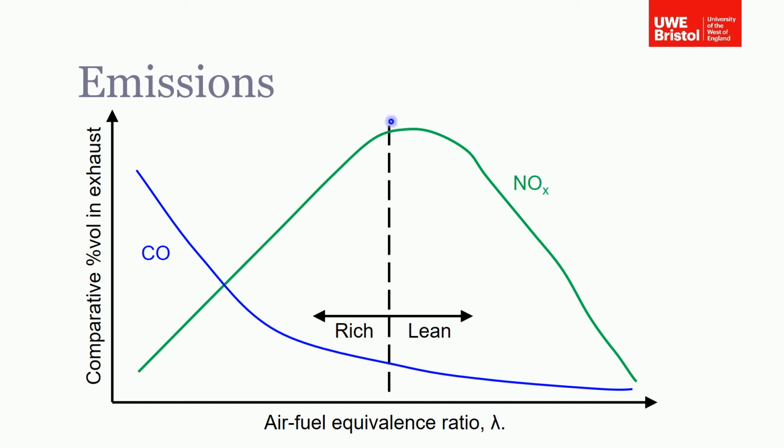And it does. But maybe some of you remember, if you go back and look at the combustion video, I said that your peak flame temperature was ever so slightly rich. And you might notice that the peak NOx is ever so slightly lean. And the reason for that is if you start in a very fuel-rich region over here, and as you move towards stoichiometry, the flame temperature is increasing, so your NOx is increasing, that's fine.